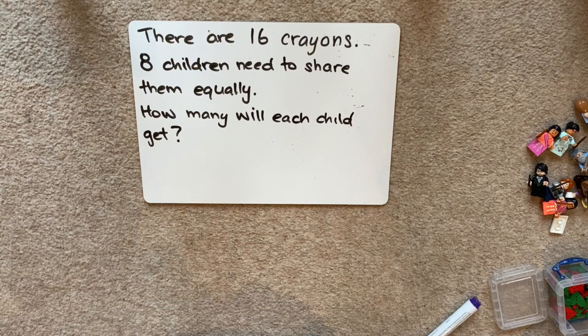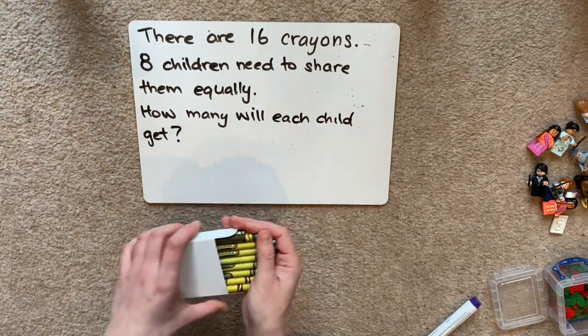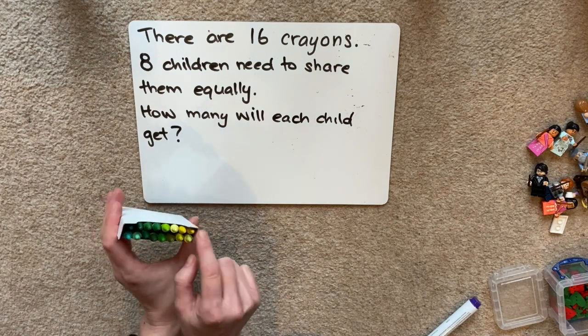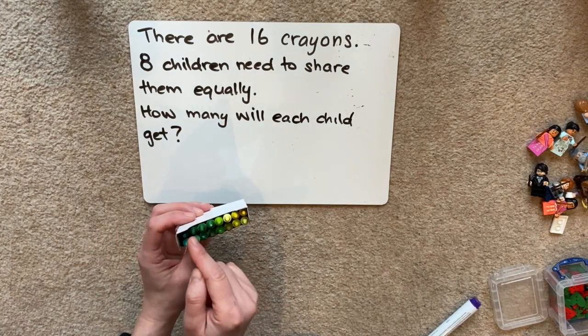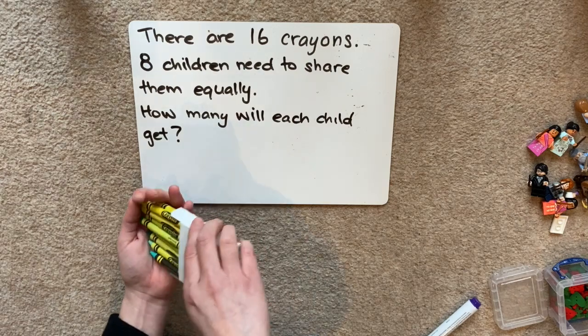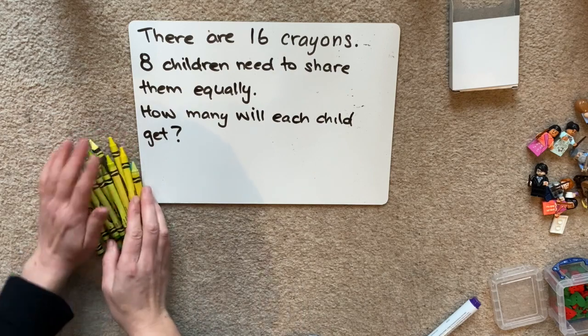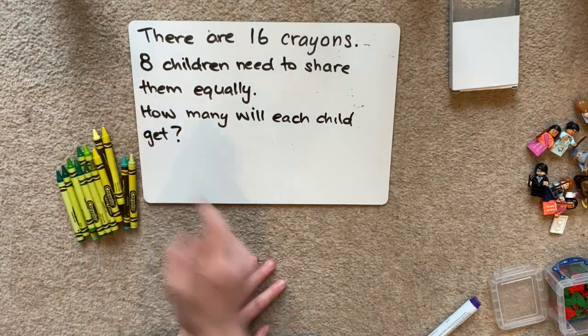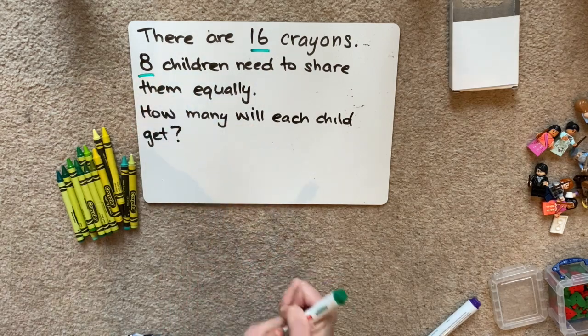I've actually got crayons. Let's count out 16. I actually think this is a pack of 16. 2, 4, 6, 8, 10, 12, 14, 16. Well, that's good luck. So 16 crayons. 8 children need to share them equally.